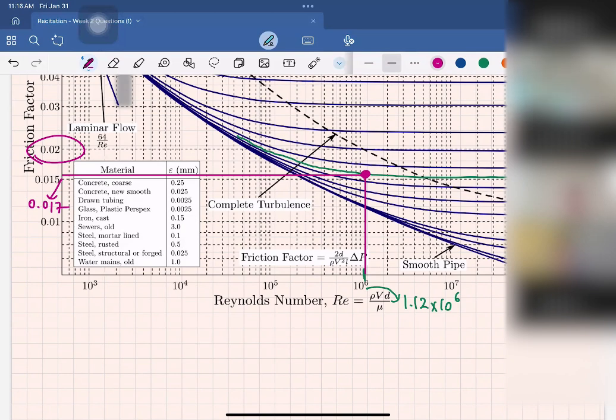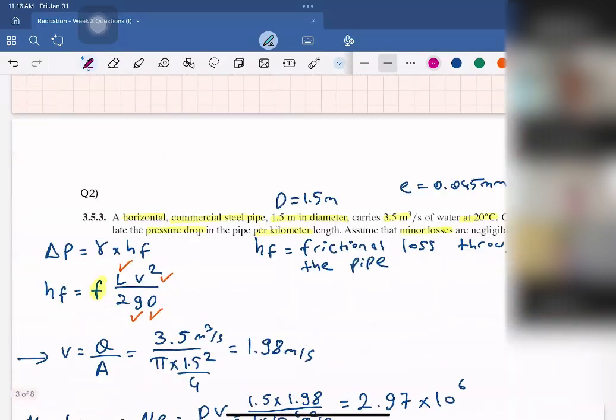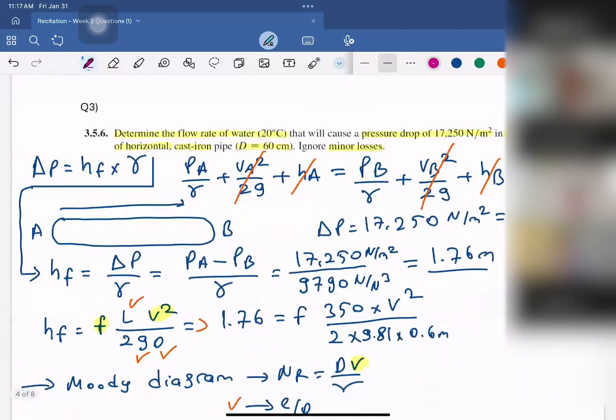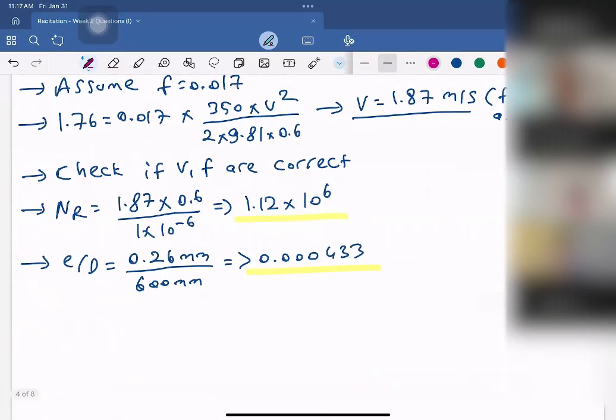And from that, we will get velocity again and Reynolds number again. And we will come here again and find friction factor. So it's basically an iteration. Yes. So from here, the assumption is correct.